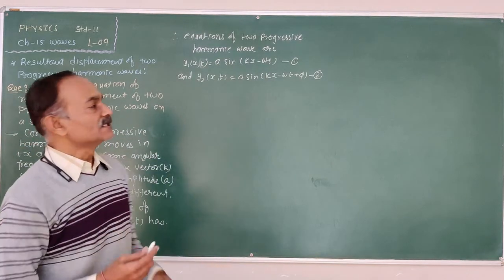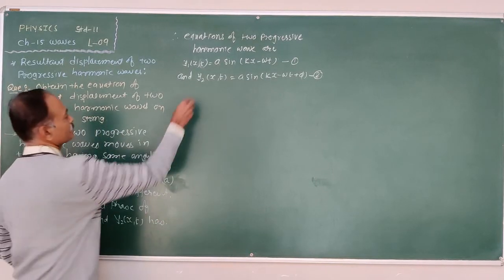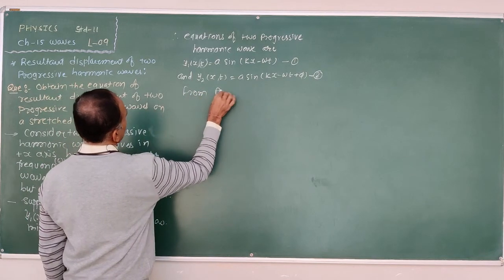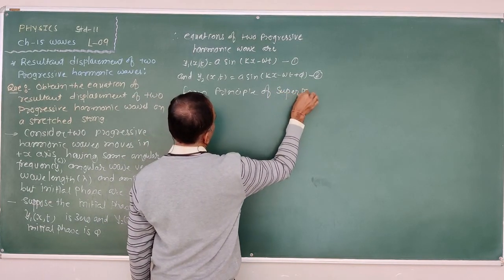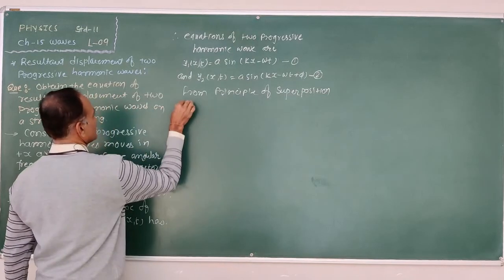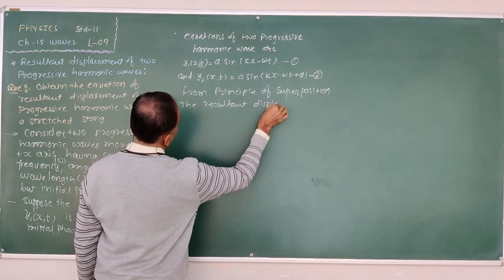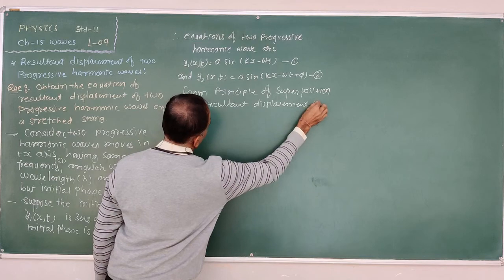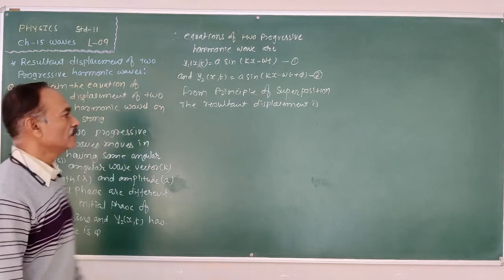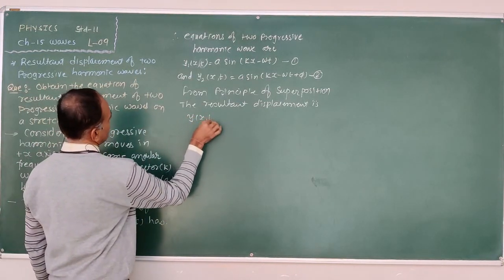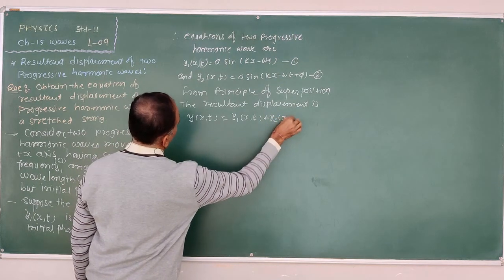Therefore, from the principle of superposition, the resultant displacement is the vector sum of the displacements of the individual waves. So y at point x, t is equal to y1 plus y2.